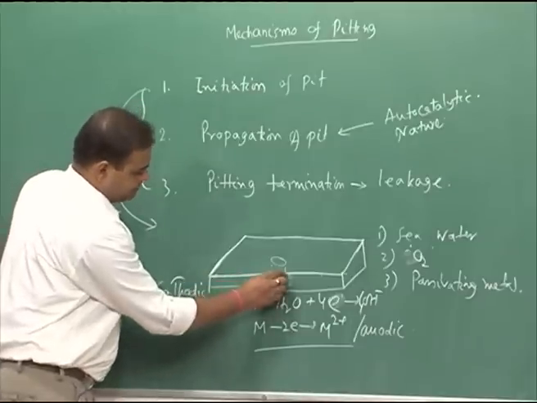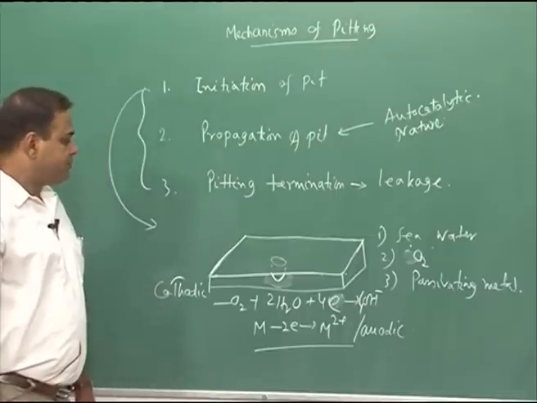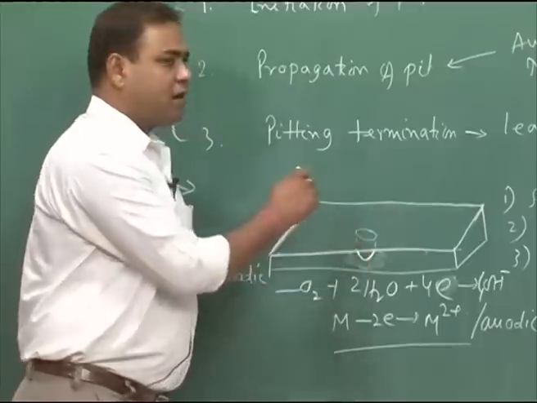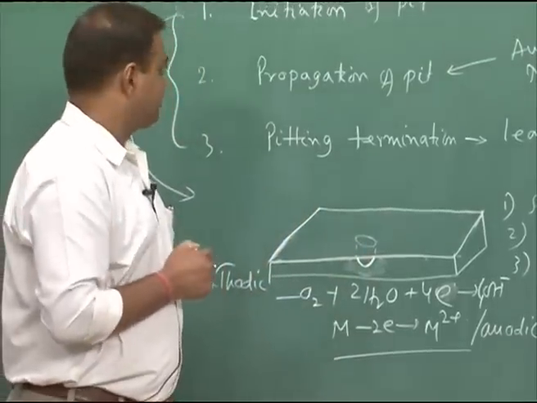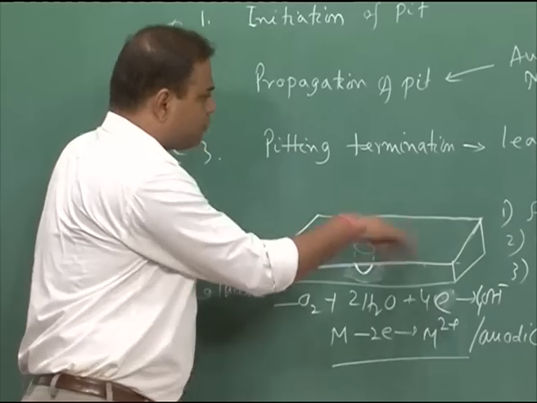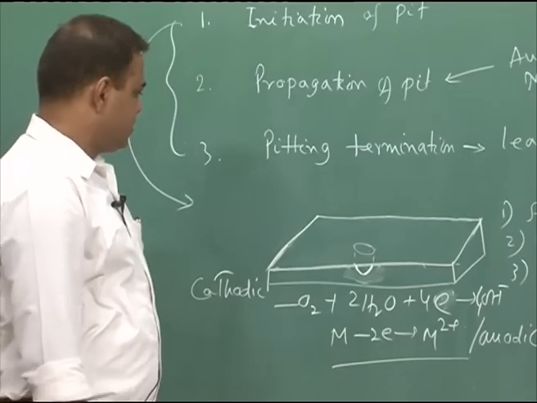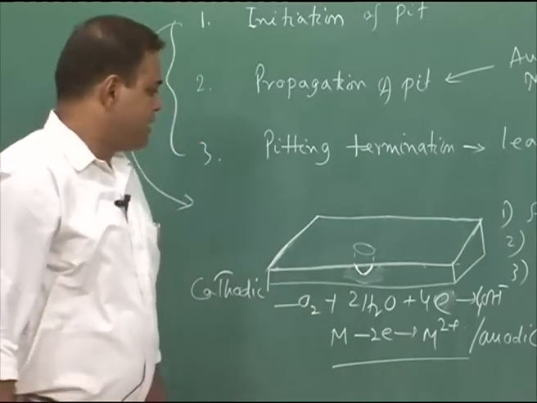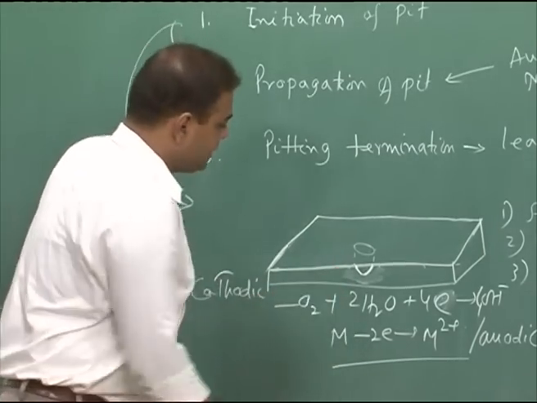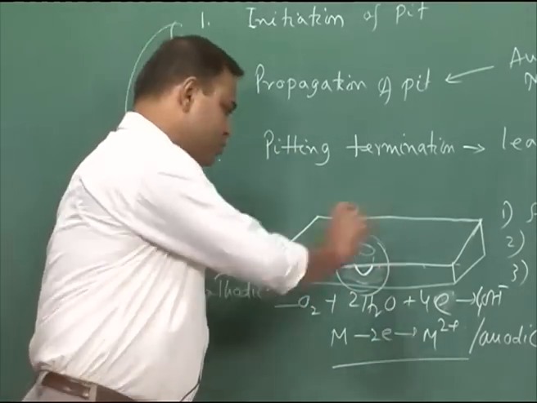I see that there is a little bit of extra dissolution momentarily, and this is the start of the pitting or the initiation of pitting. And of course, the solution is stagnant in nature. So, the pit forms.